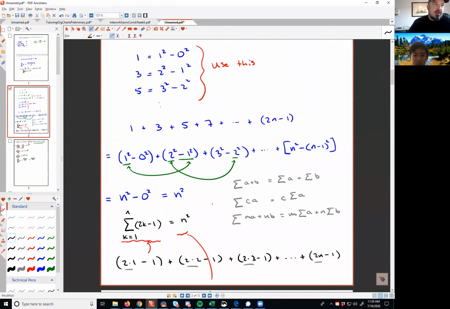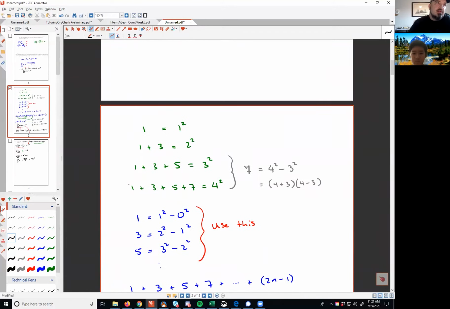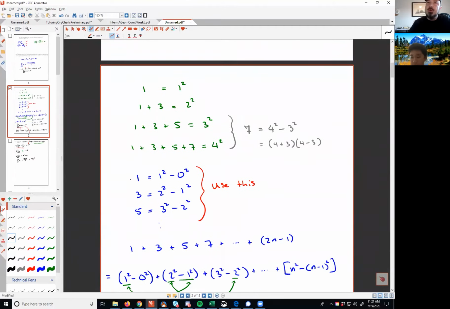Where this started was taking a look at each odd number and saying, oh, look, I can write this as a difference between a very simple square, differences of squares. So it's kind of like reaching for a polynomial of one higher degree.